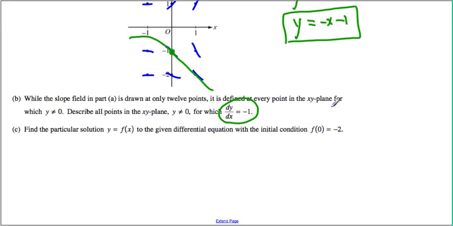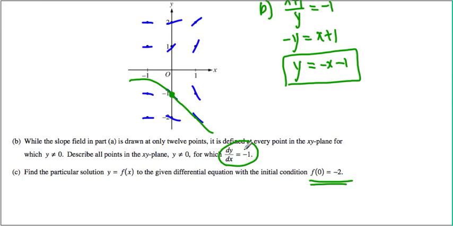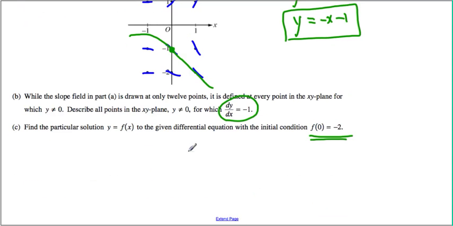All right. Now part C. Find the particular solution y equals f of x with this initial condition. So let us try to look into this one together. So here we have dy over dx equals (x plus 1) over y. Now then, what do we realize? First, we have to separate the variables.